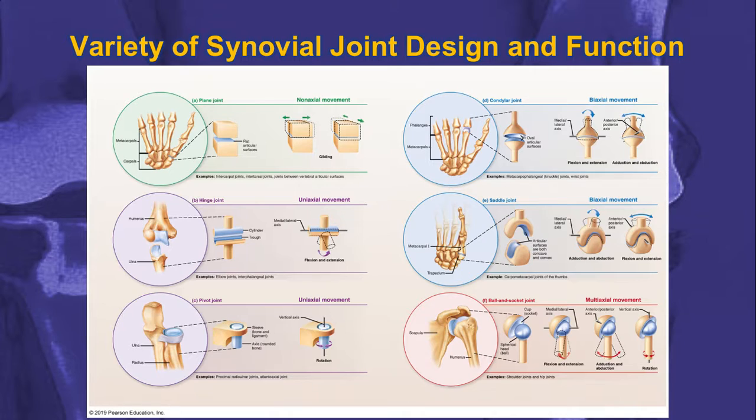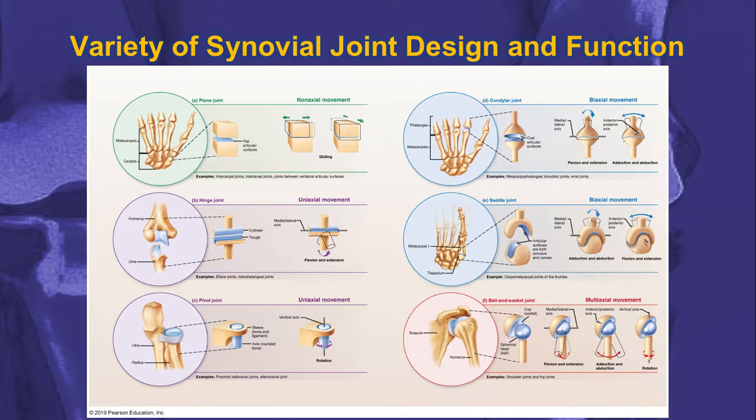This is just to show you that although all these joints are synovial joints, different synovial joints have different ranges of motion. I'm not going to go through all of these, but there's a planar joint between your carpals. How much movement is there between your carpals? There's some, right? Because your carpals are right here in your wrist, lower hand area.